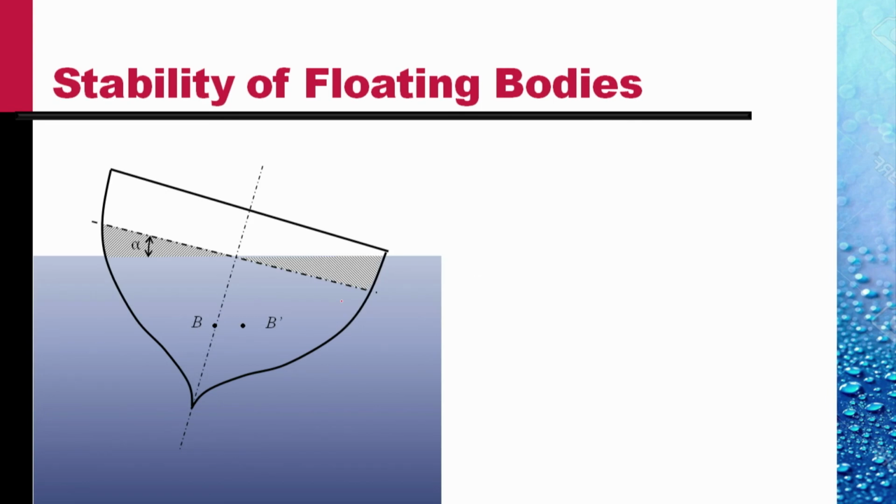Let's take a larger view of this. Let's assume the ship tilts through angle alpha. B prime is the new location of the center of buoyancy. B is the old center of buoyancy. Let's determine B, B prime. This is B, B prime, and let's denote it by L. The force Fb now acts at the new center of buoyancy.